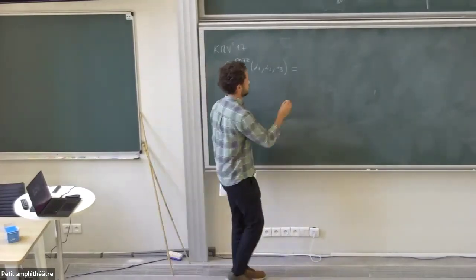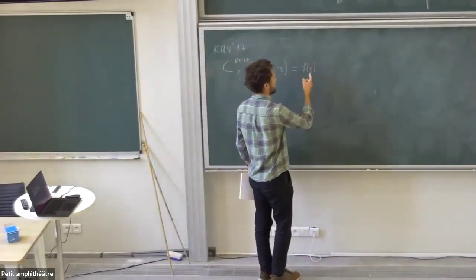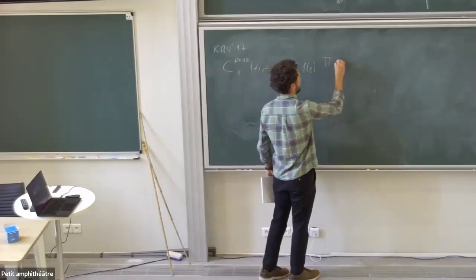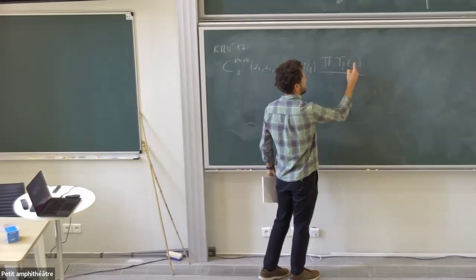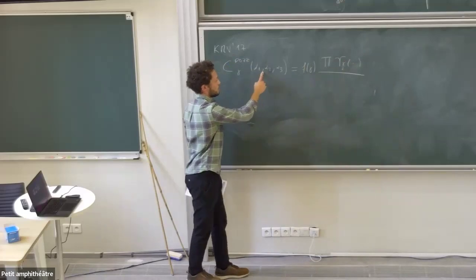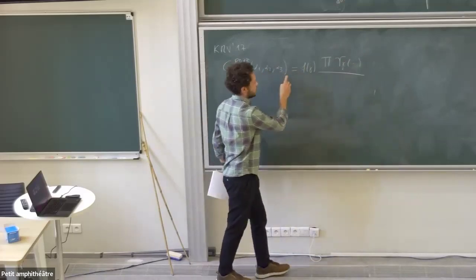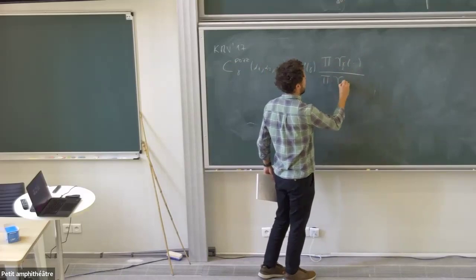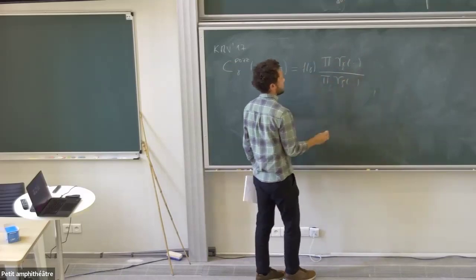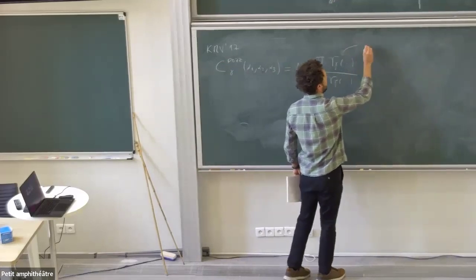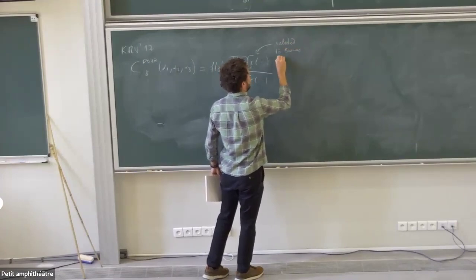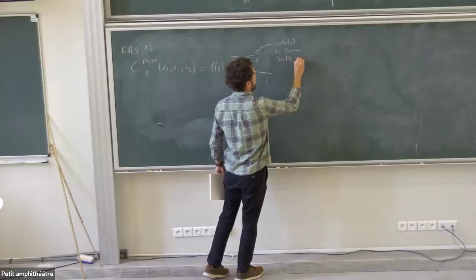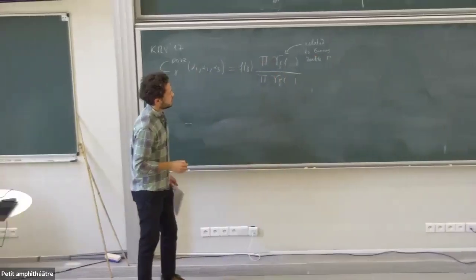I won't write it entirely, but it's a function dependent simply on small gamma, and then you have a product over some special functions that depend on the charges. These are special functions related to the double gamma function. I think Shinsun mentioned it in his talk.